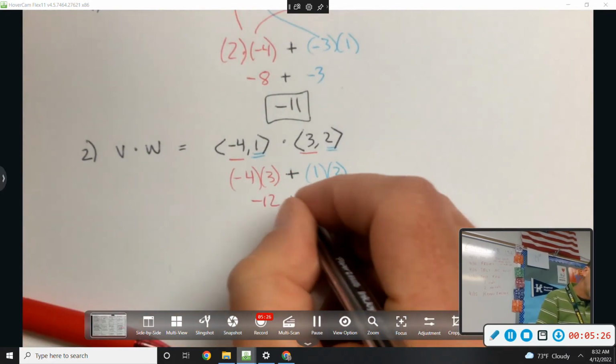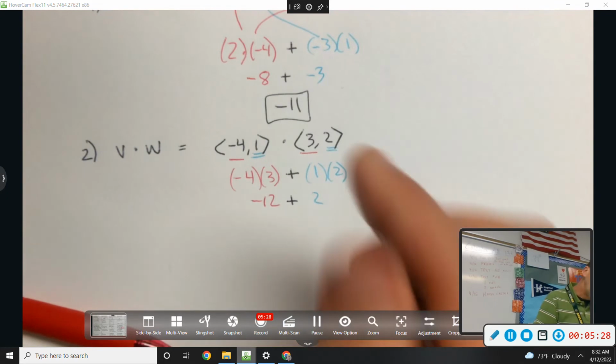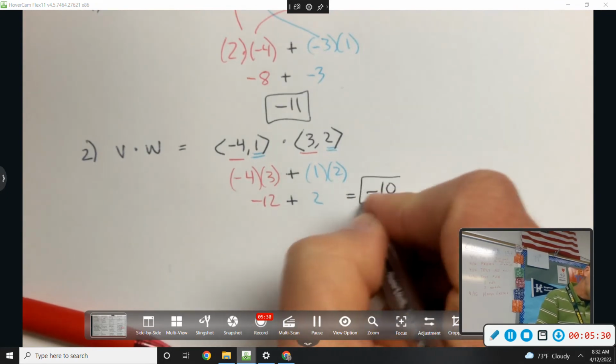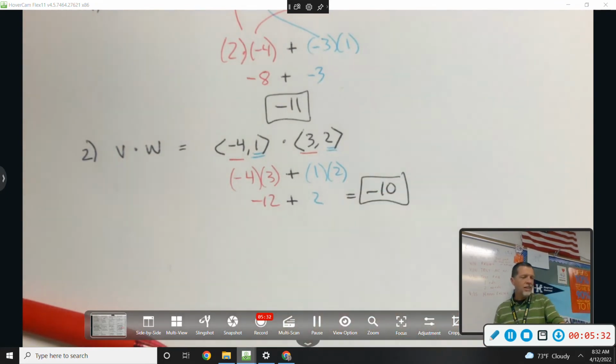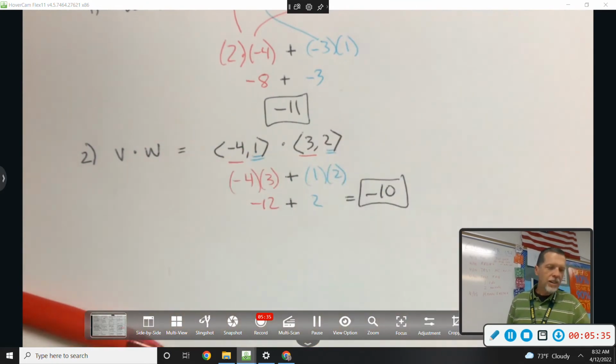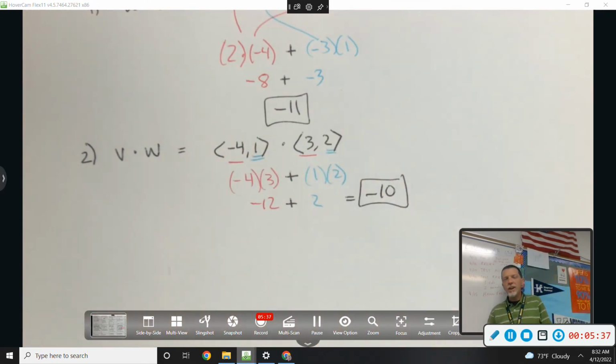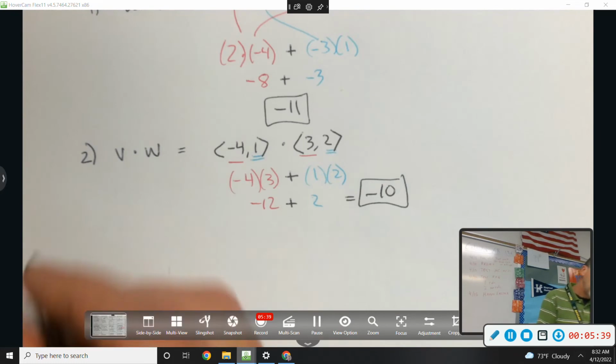Negative 12 plus 2 is negative 10. And so yes, you can do that in your head. Negative 12 plus 2 is negative 10. And that's fine, just be careful because that's 3 steps in your head. I don't want you to mess it up.